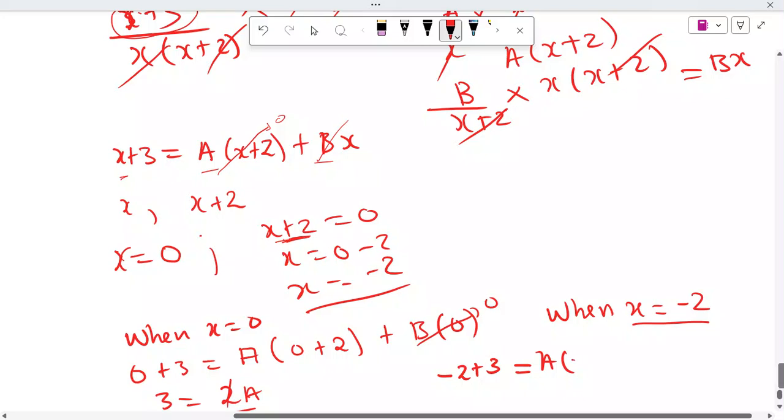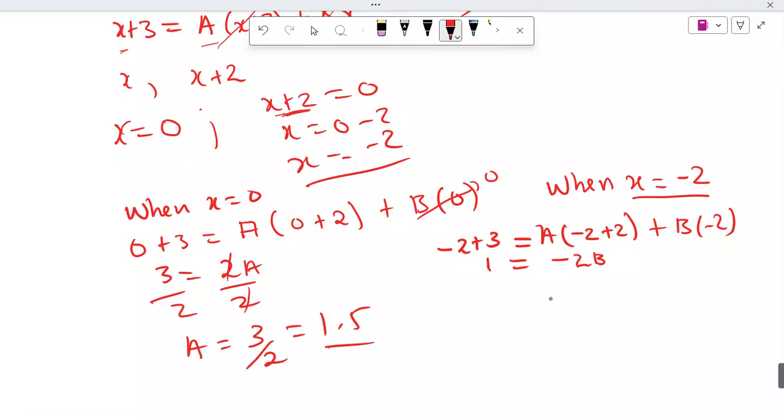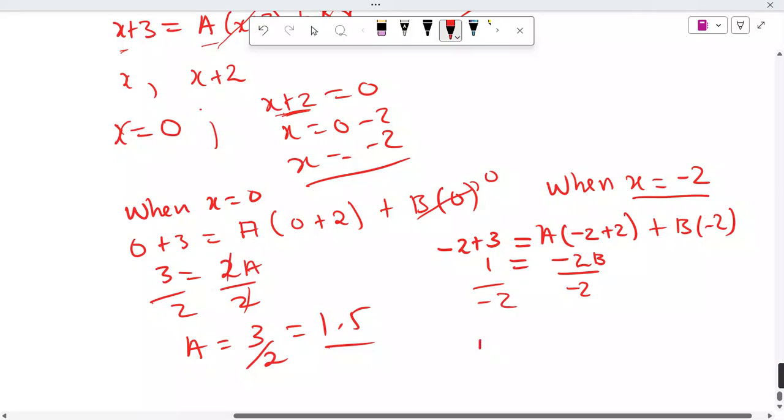Where there is x, we put negative 2. So here it will be just 1, equal to, this is 0, negative 2 plus 2 is 0, plus negative 2B. And you solve for B: 1 divided by negative 2, so B is equal to negative half, which is just the same as negative 0.5.